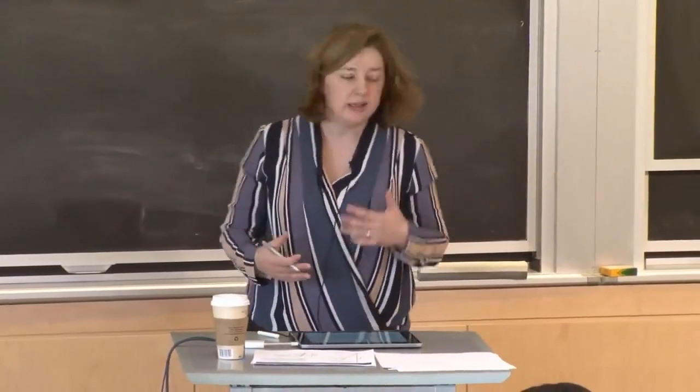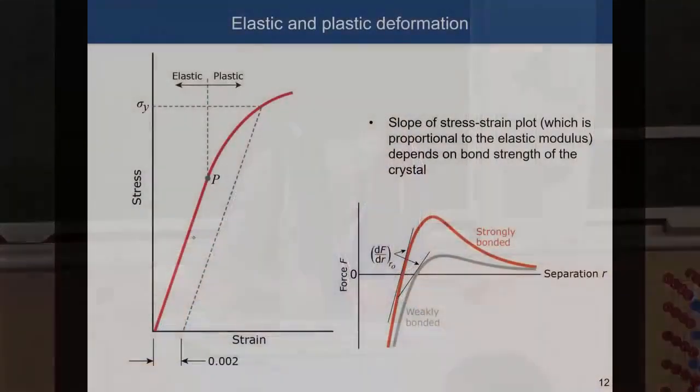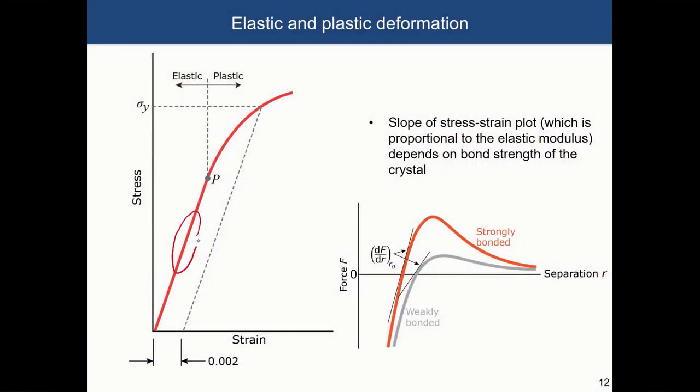So I told you about the elastic and the plastic deformation. Again, let me remind you that the elastic deformation is in this particular part of the graph, where the deformation is reversible. And the slope of this graph simply depends on the strength of the bonds within the material.